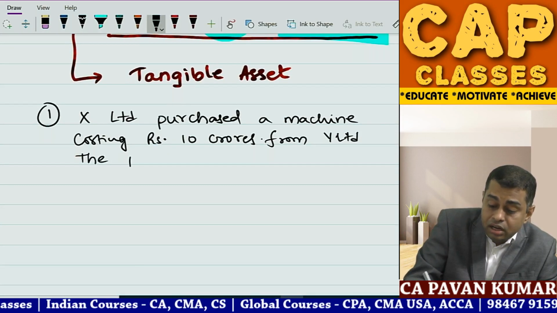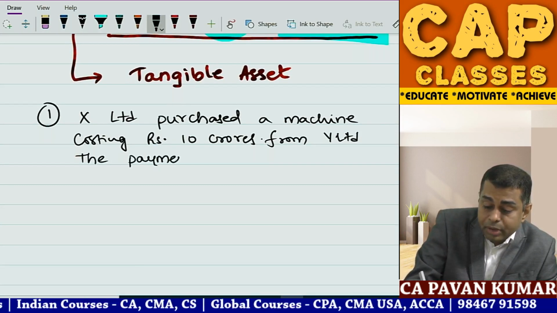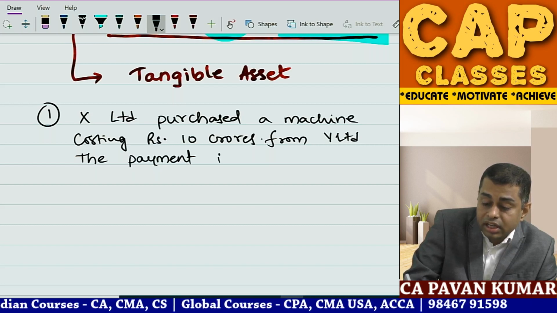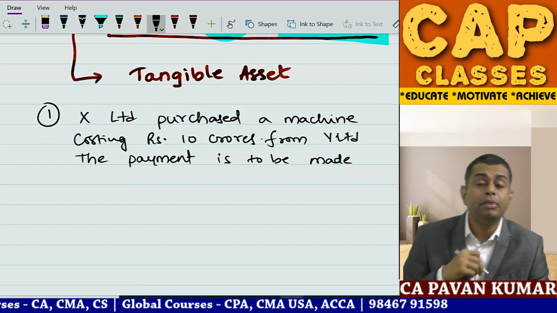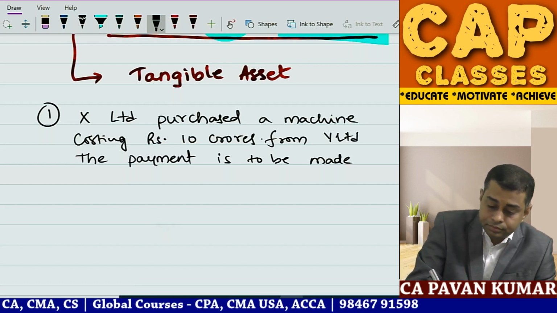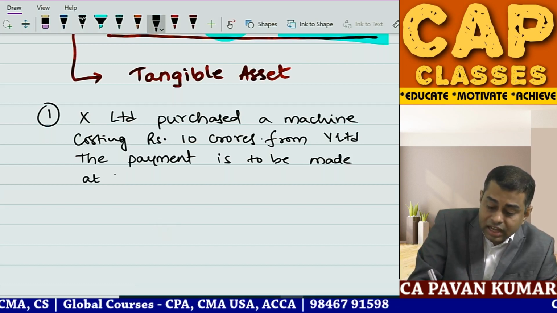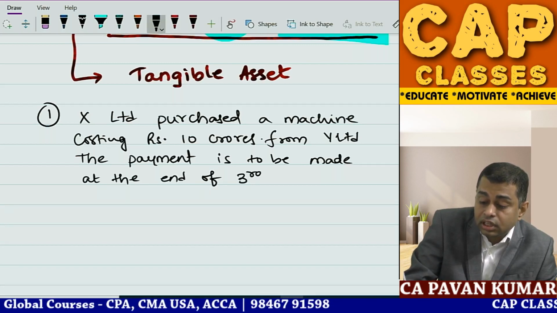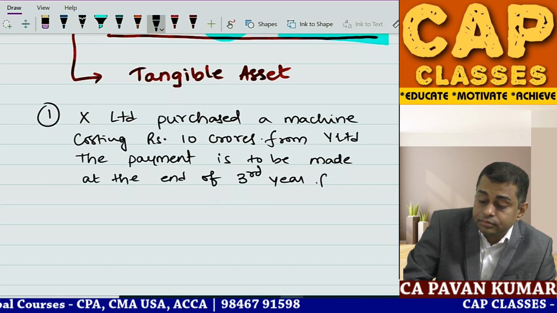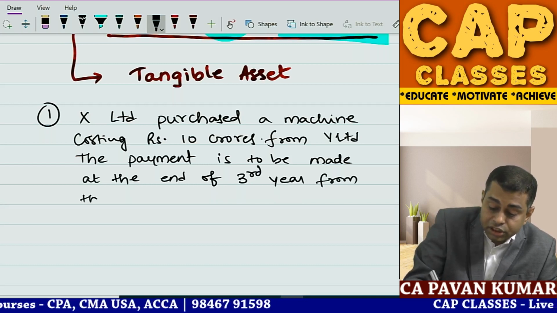The payment terms are, the payment is to be made at the end of third year from the date of purchase.